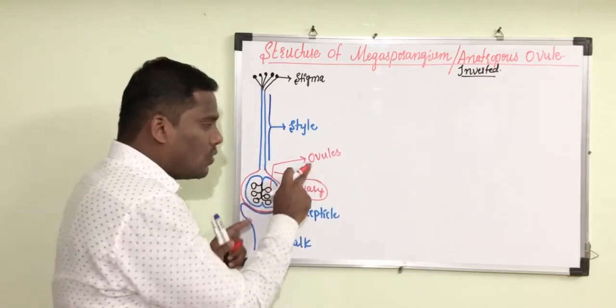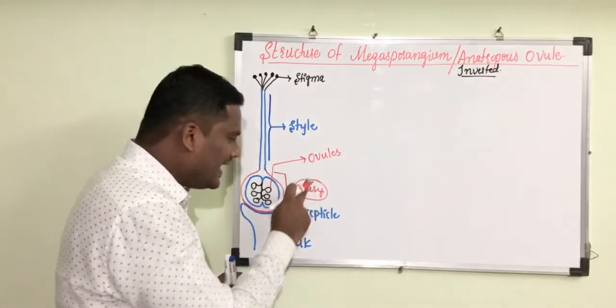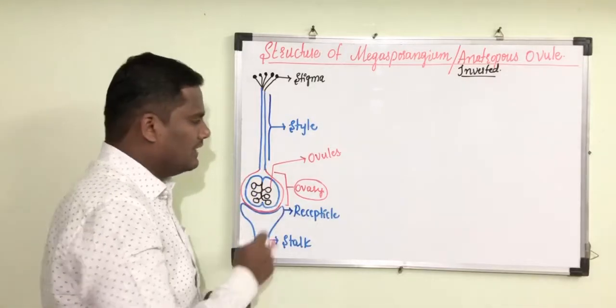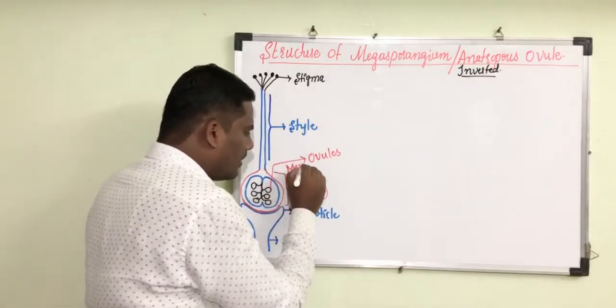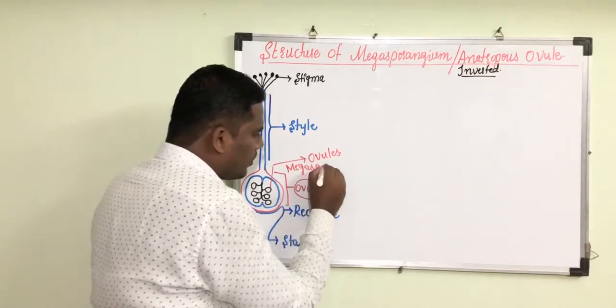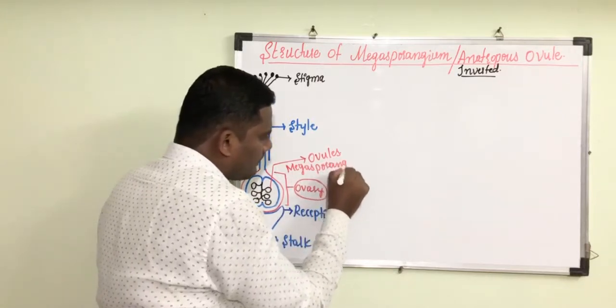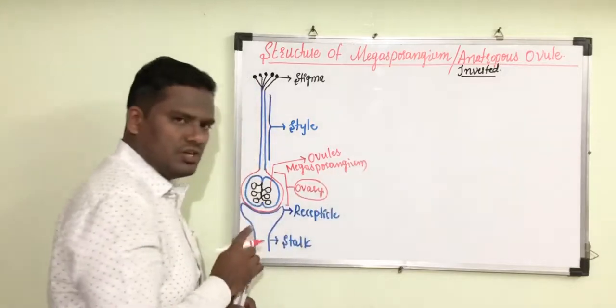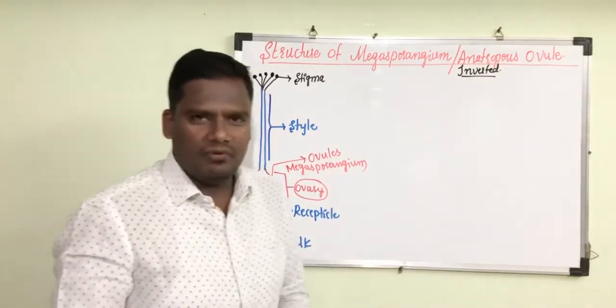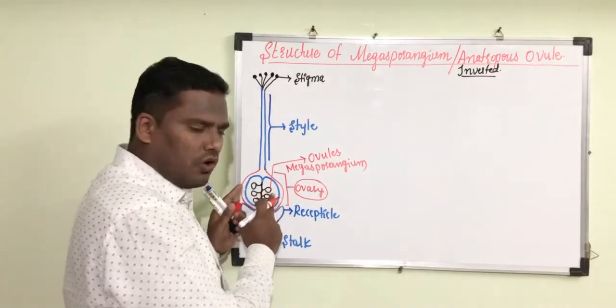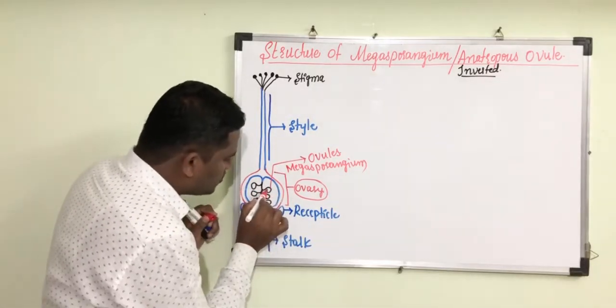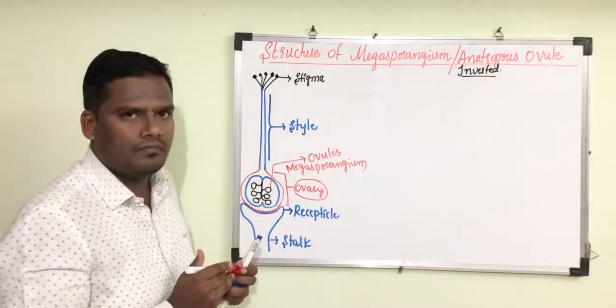That means ovules are located inside the ovary. These ovules are also called the megasporangium. In this video, we are going to understand the detailed structure of this megasporangium, the ovule, in detail.